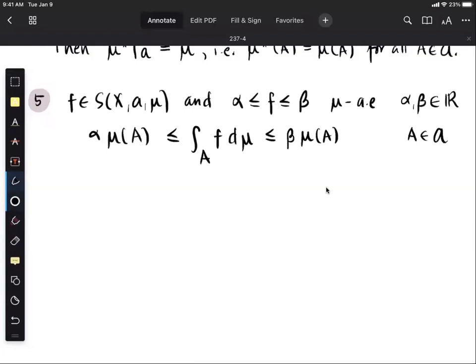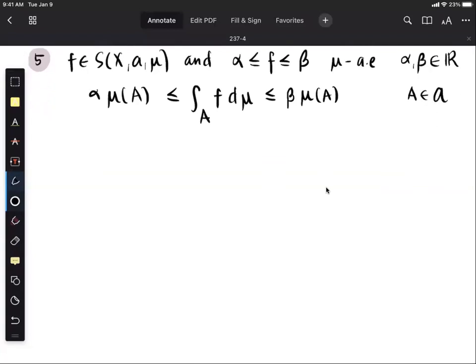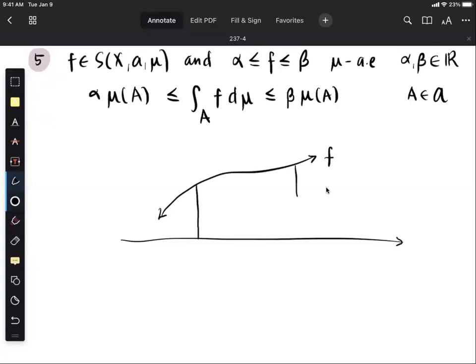So there's, of course, a geometric interpretation of this. Suppose you have, in the real case, this function f, and you want to integrate over A, and A is this interval here.